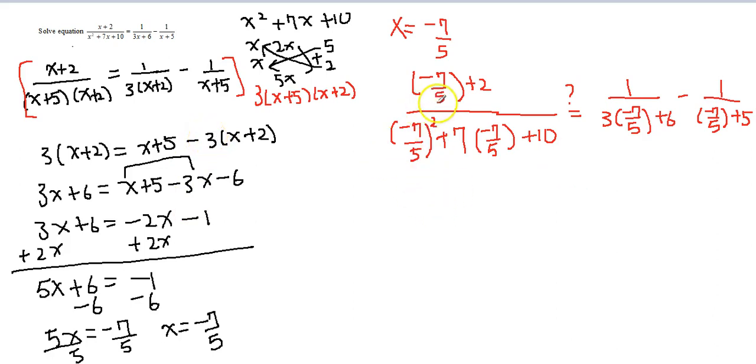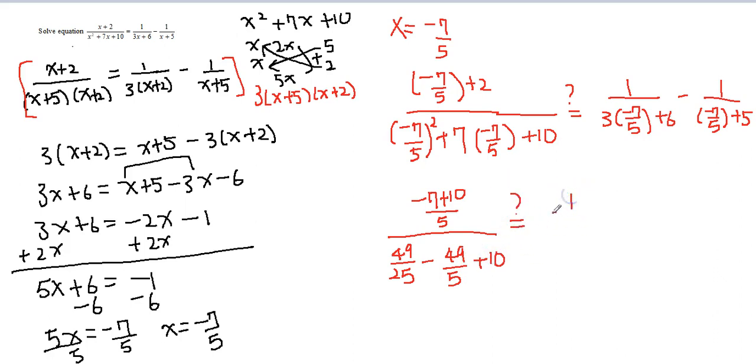On the left hand side, the numerator, I have minus 7 plus 10 over 5. You got 49 over 25, minus 49 over 5 plus 10. Is this equal to 1 over minus 21 over 5 plus 6, minus 1 over minus 7 plus 25 over 5?